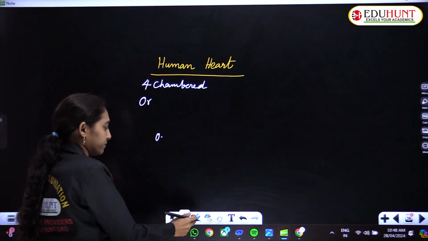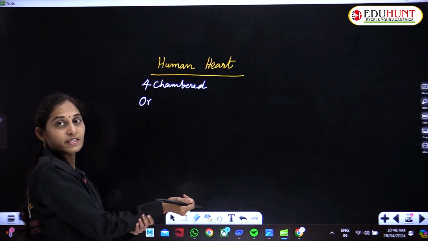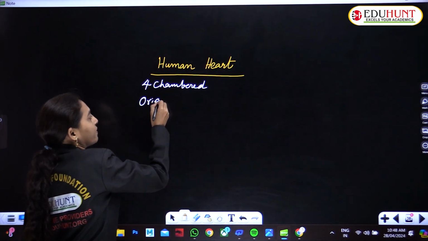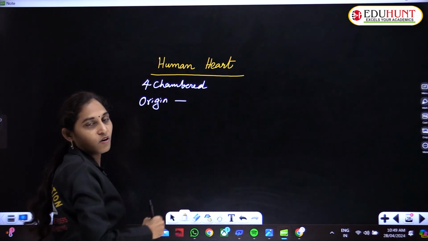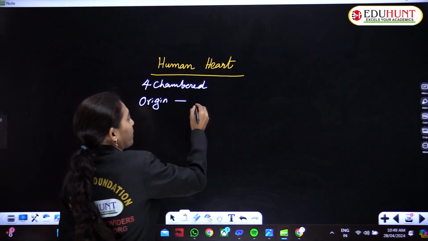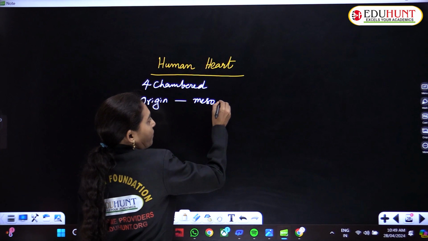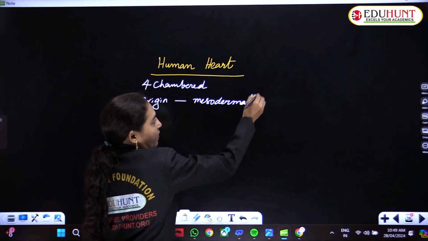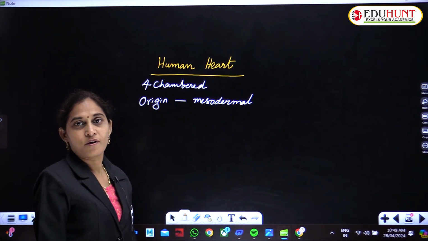Origin: if we see the origin, it originates from mesoderm. It is mesodermal in origin.